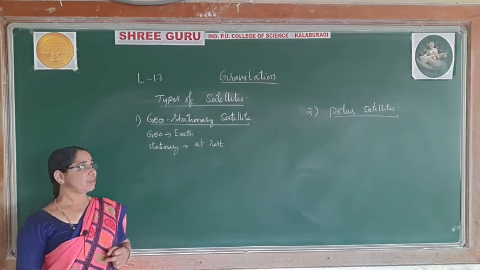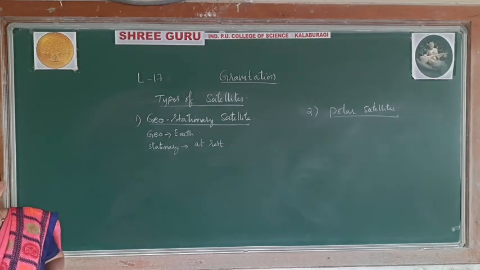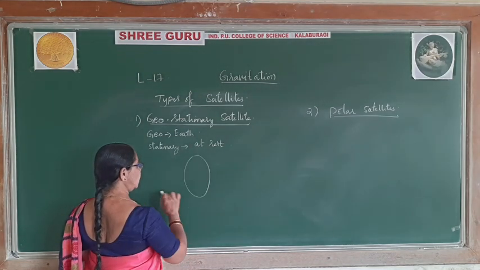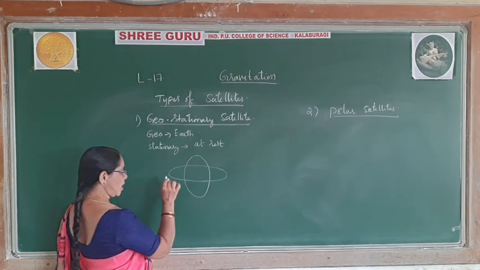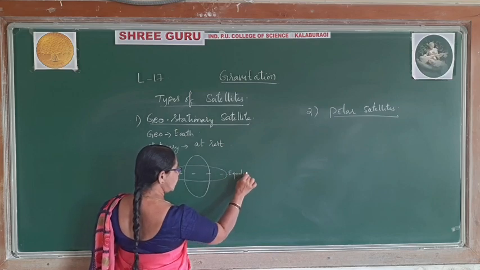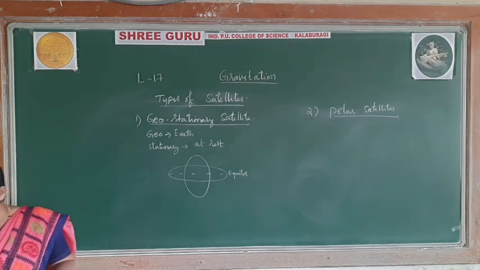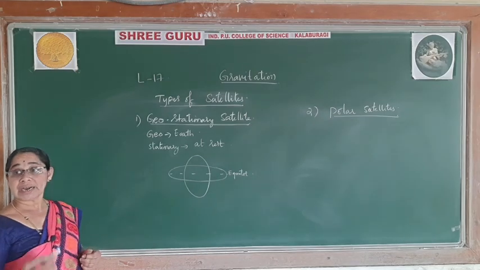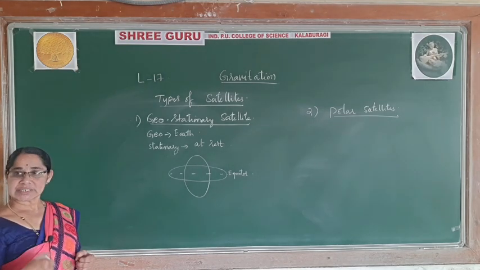But remember, for this satellite we have one condition. If this is the earth, this is said to be the equator. Let me say this is the equator. Here the earth will always be revolving, moving from west to east.